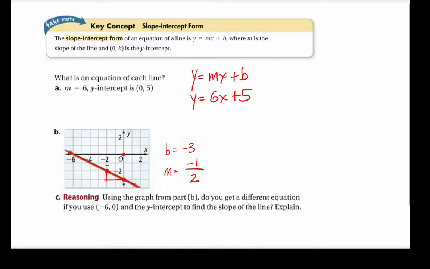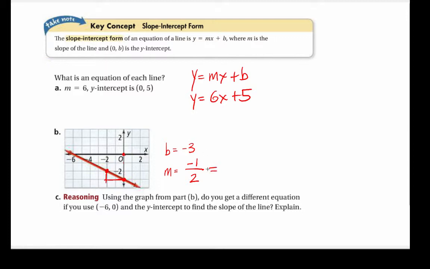So I let the vertical change, the rise, dictate whether I'm positive or negative in my slope, and I'm always going to run to the right if I can. There might be times, depending on how the graph is presented, that I may not be able to do it this way, but if I can, this is how I do it.